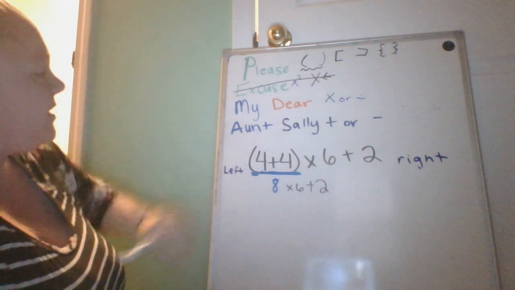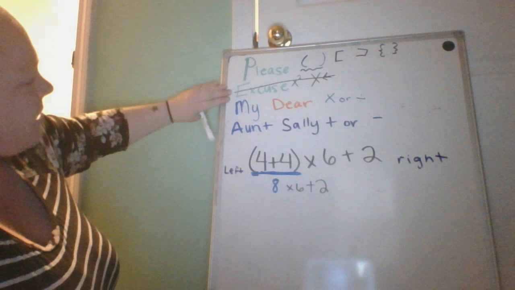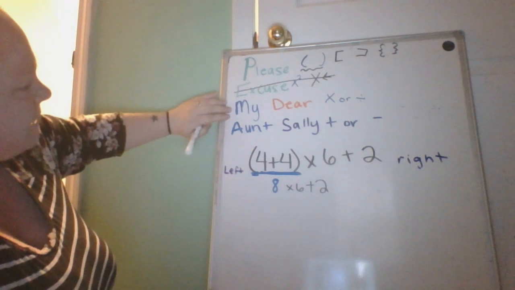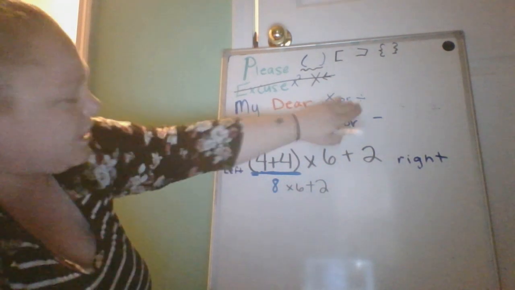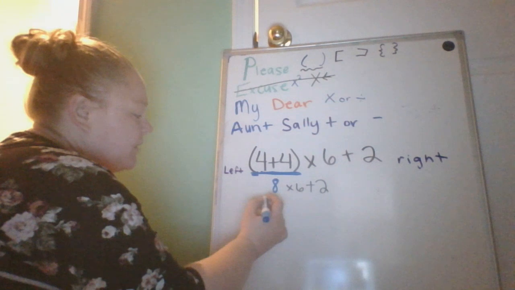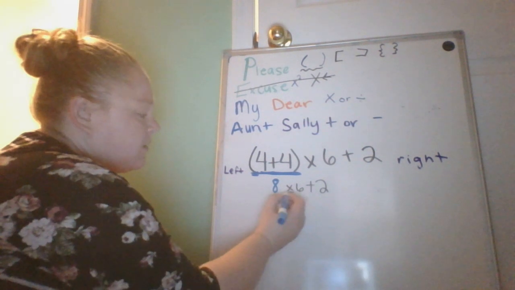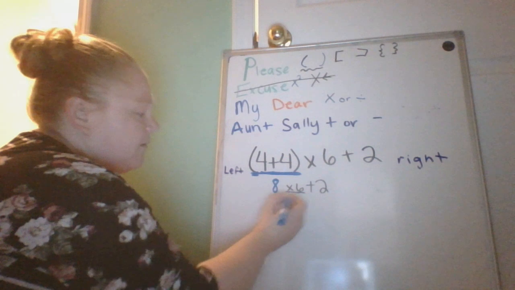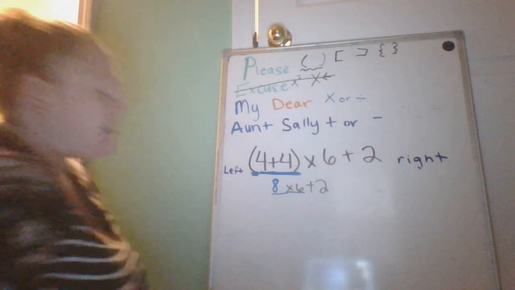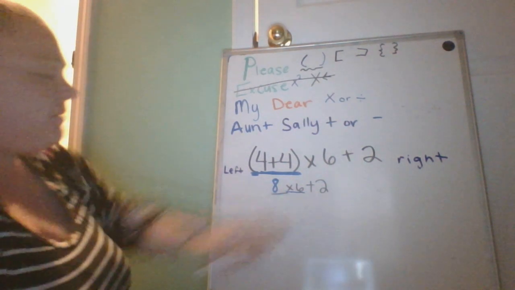Now I'm going to look for any more parentheses. I don't see any more grouping symbols. And we don't worry about exponents right now. And then I'm looking for my dear. So remember, that's multiplication or division. I'm going to start from the left and I'm going to look. I see 8 times 6 plus 2. I see multiplication. And I remember that that's the two numbers on either side of that operation. 8 times 6.